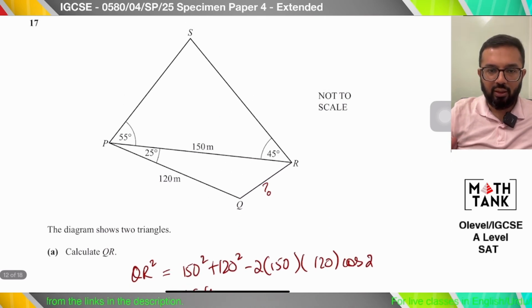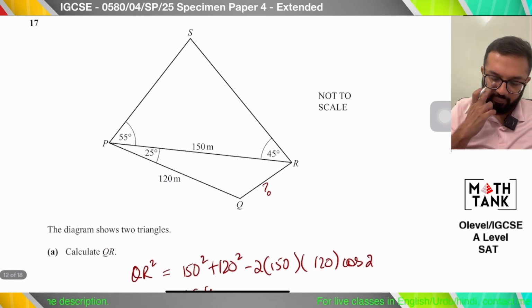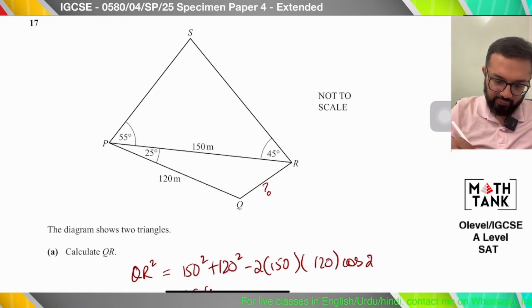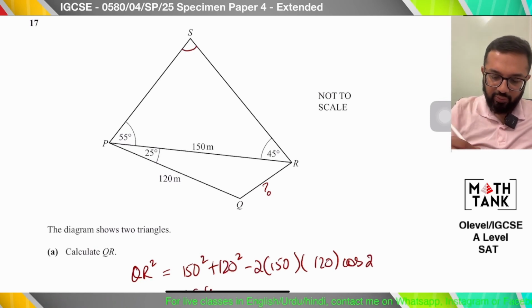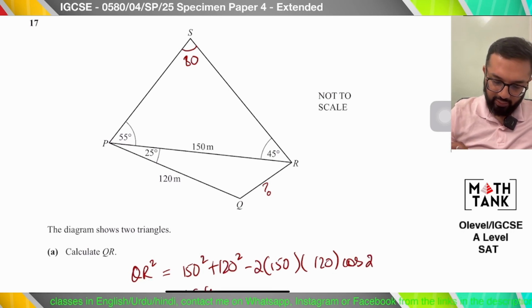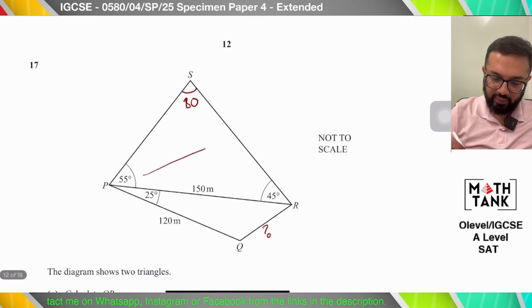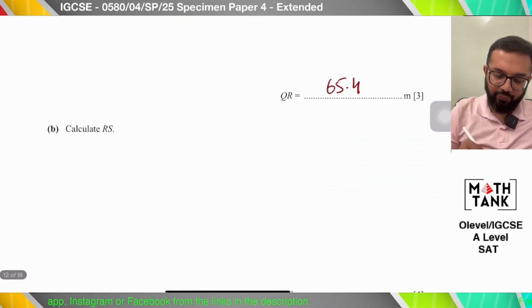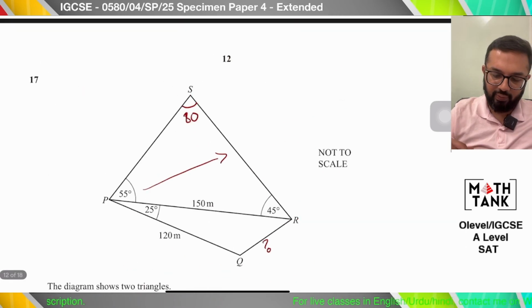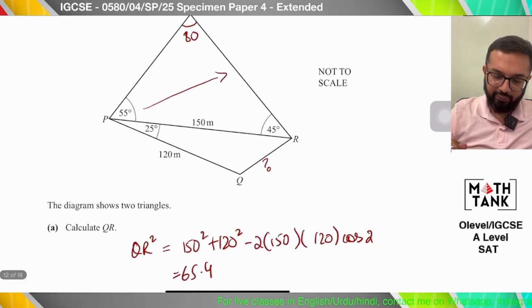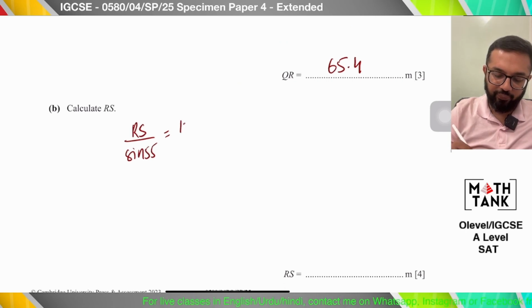So then RS, so you can find this angle. It's 90 and 100, so that has to be 80, and then I'm going to use the sine rule for that. RS, this is the side that I'm trying to find. So RS over sine 55 equals to 150 over sine 80.